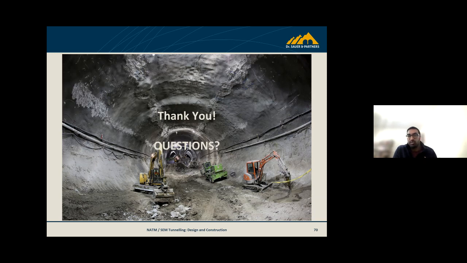From a constructor's point of view, a lot of times cost, time, and effort is prevalent in their decision making. The owner's point of view is sometimes a massively over-conservative design, so that they can ensure that no assets are affected, or that you end up with a tunnel where you're not going to get any sort of settlements or cracking inside the tunnel.